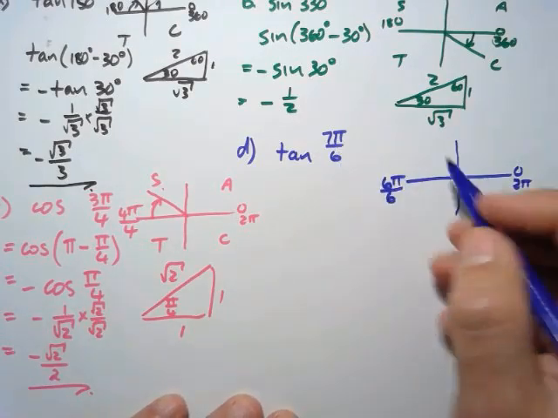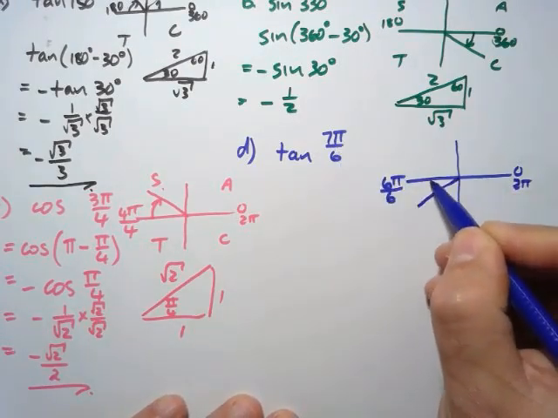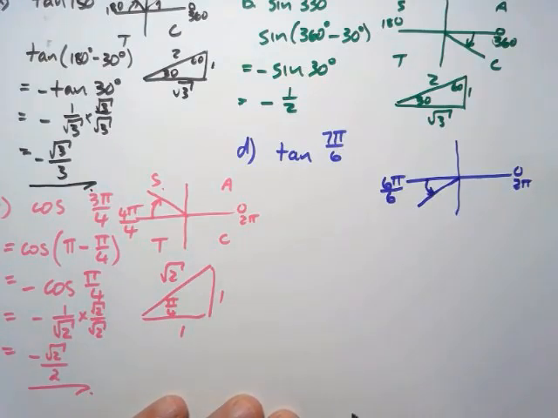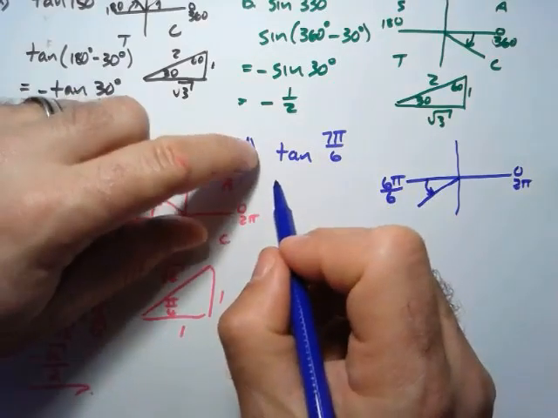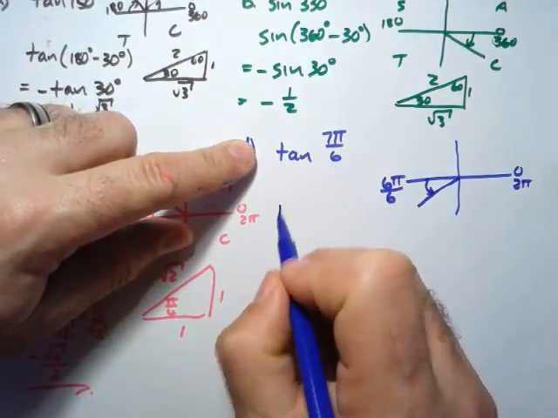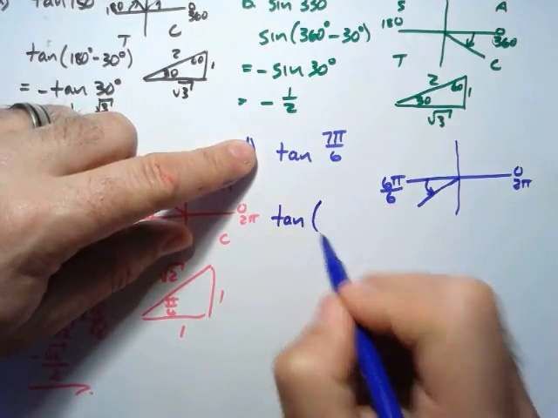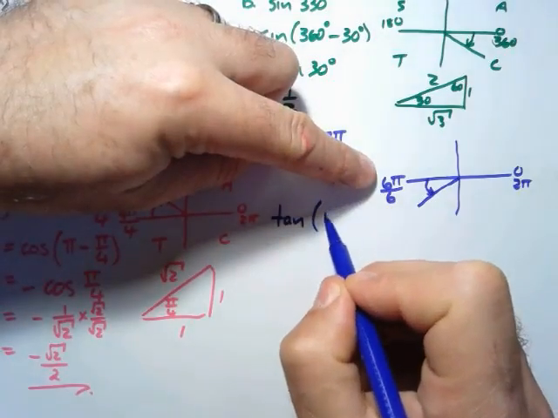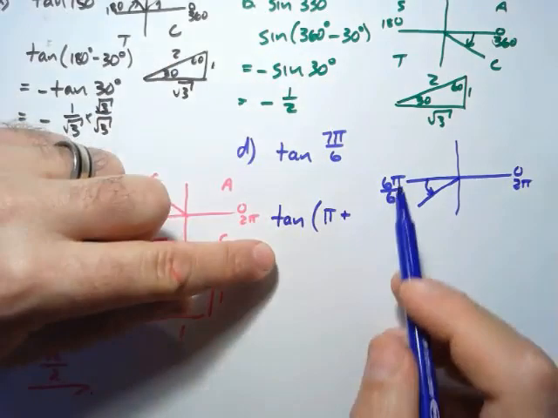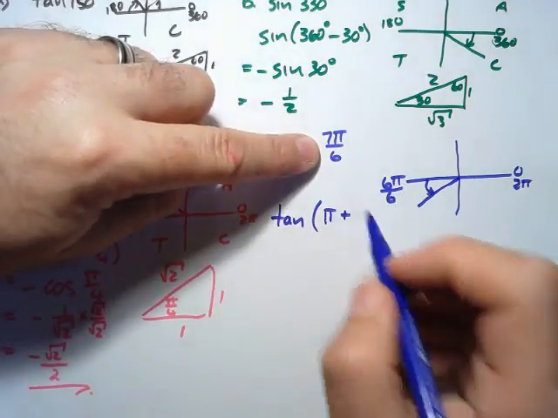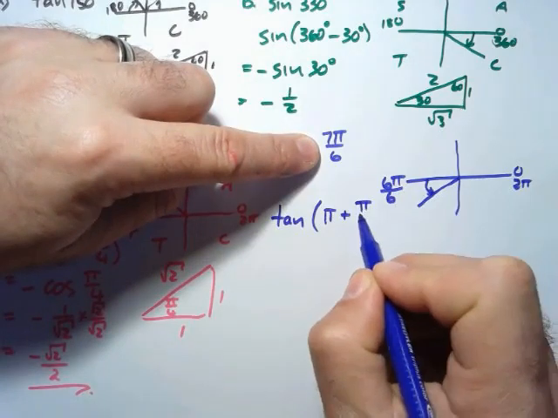So where's 7 pi over 6? It's a little bit further on. So how can I write this angle then? I can say 7 pi over 6 is the tan of 6 pi over 6, which is pi, going in the positive direction, add, and to get from 6 pi over 6 to 7 pi over 6, I need 1 pi over 6 to get there.